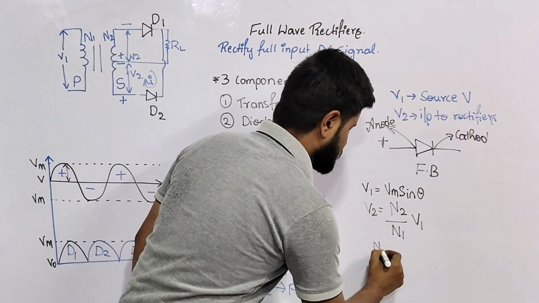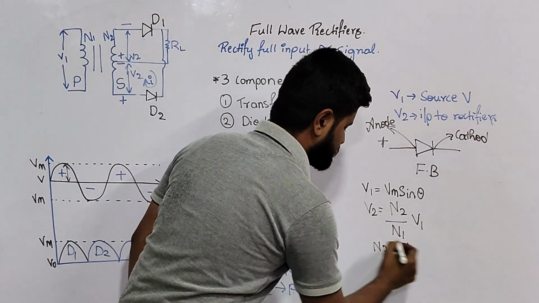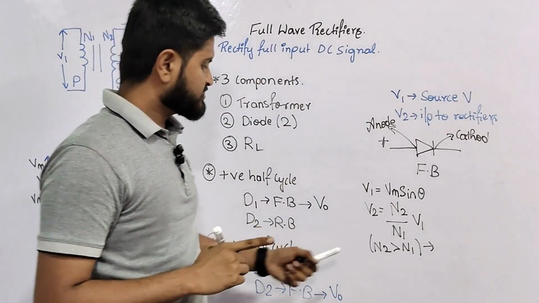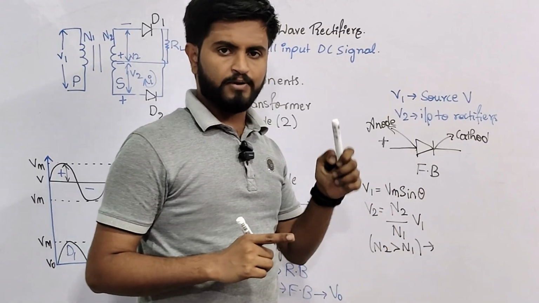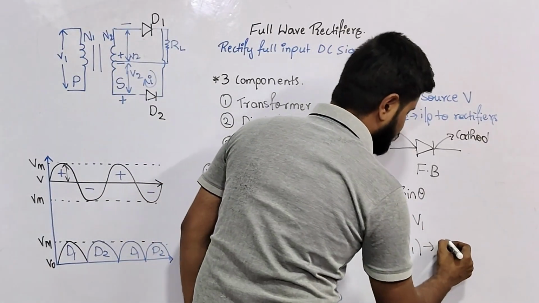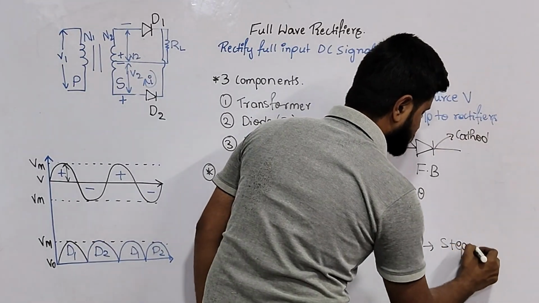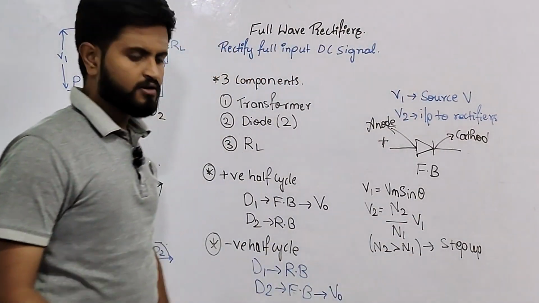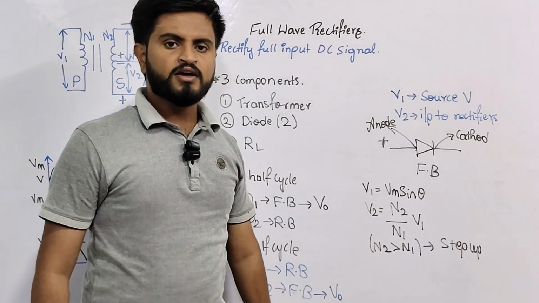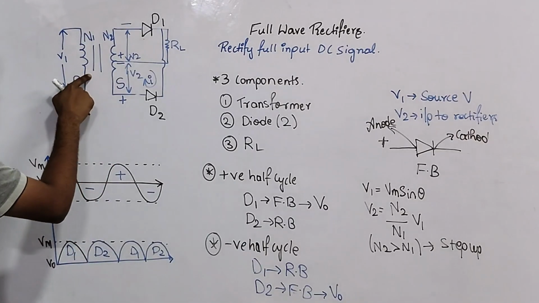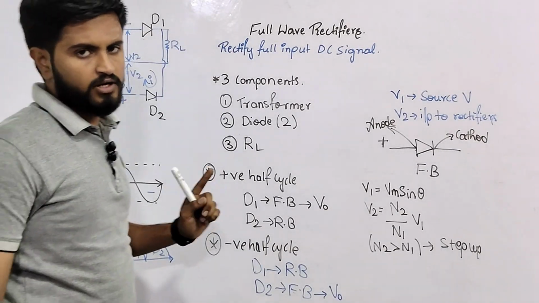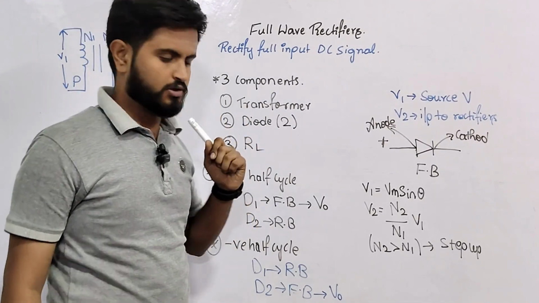If N2 is greater than N1, that is, the number of turns in the secondary coil is greater than in the primary coil, then you can call it a step up transformer. If the number of turns N1 in the primary coil is greater than in the secondary coil, then you can call it a step down transformer.